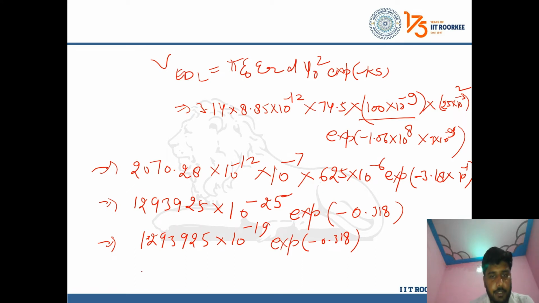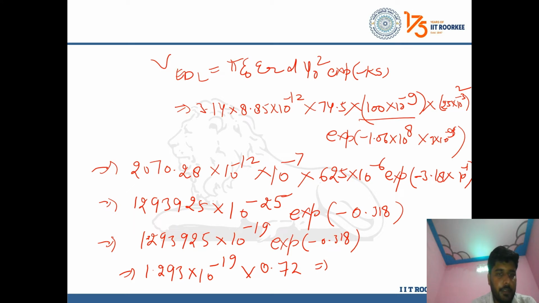It will be around 1.293, 10 raised to minus 19, and 0.72. Okay, 1.293, that is 0.95040.